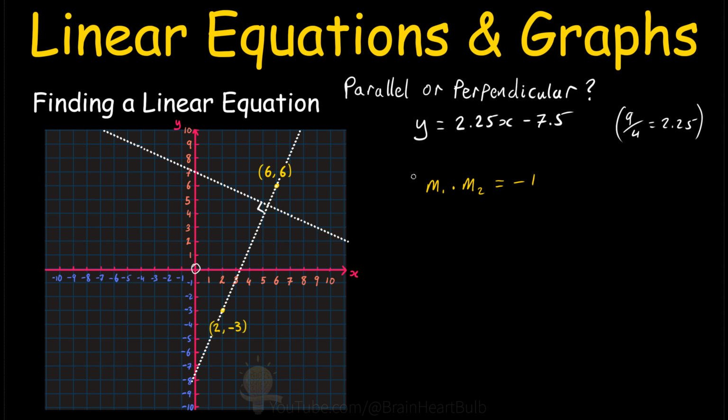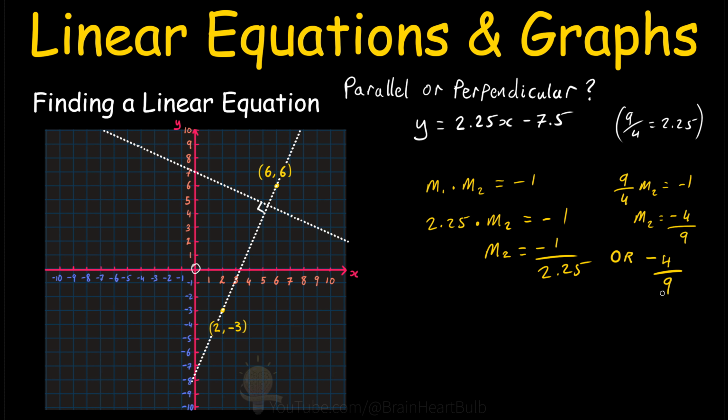So you can imagine that this gradient here is our m1, so 2.25, and this gradient here, which is perpendicular, is m2, and that equals -1. So if we rearrange this to make m2 the subject, we've got m2 is equal to -1 divided by 2.25.